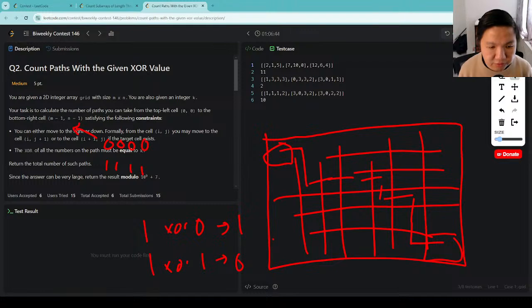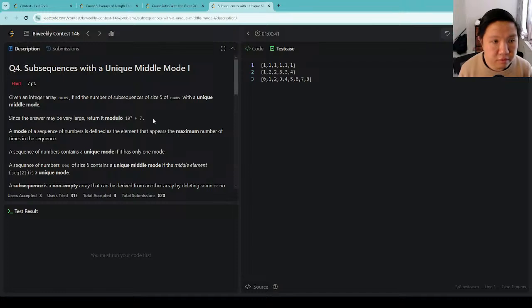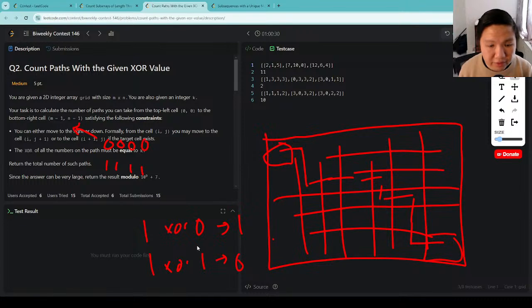Any ideas for 4? Let me take a look at 4. Given an integer array nums, find the number of subsequences of size 5 with a unique middle mode, modulo blah blah blah. Okay, we're going to look at 4 later.